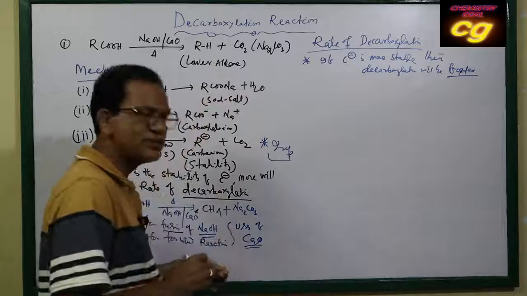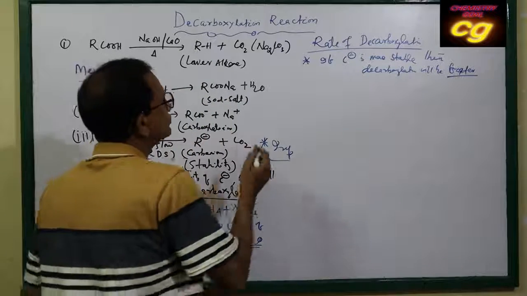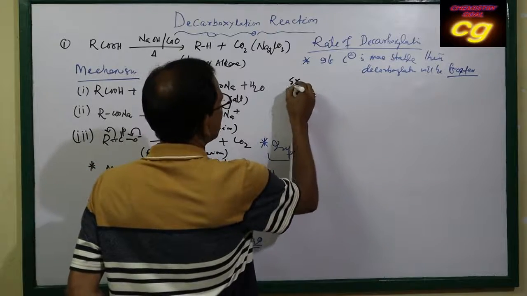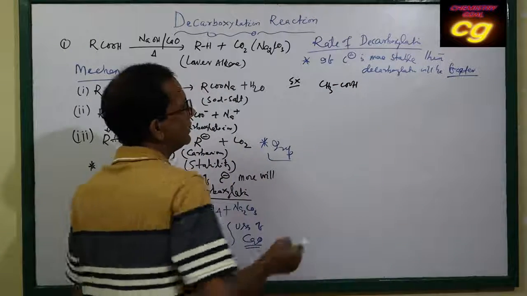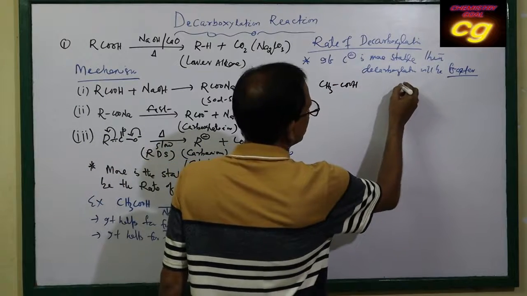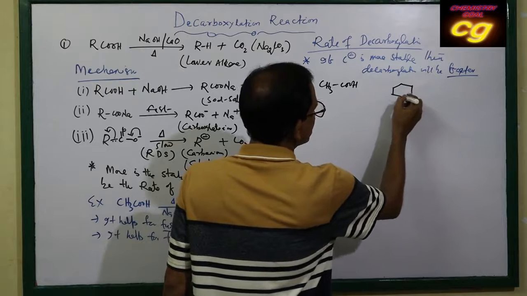So this is important. Let us take the examples. Suppose we take examples like this: CH3COOH, then benzoic acid.